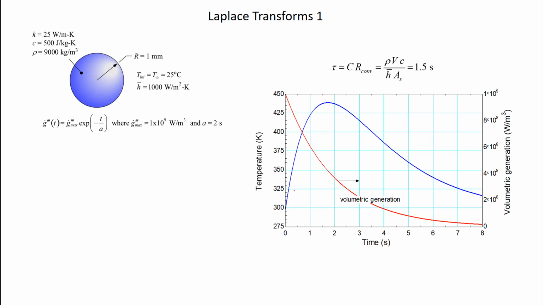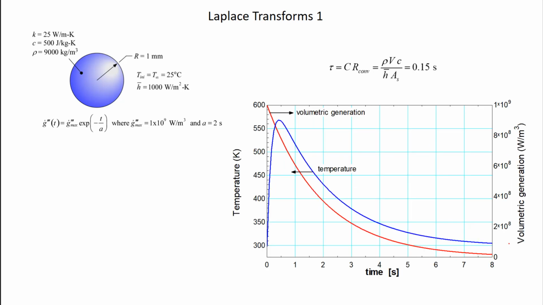But what you can see is, you dump this energy into the object, and the time required to put the energy into the object is about the same as the time required for the object to get rid of the energy. So you're going to get this kind of interesting response, and everything's going to be over after a few time constants. So here at 8 time constants, you're getting to sort of done.